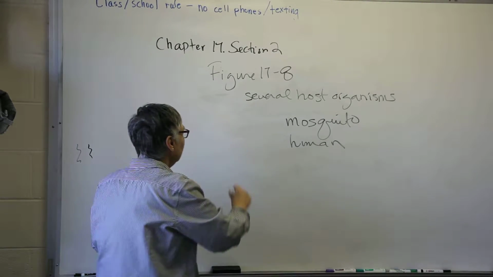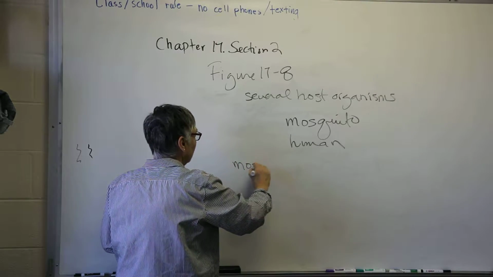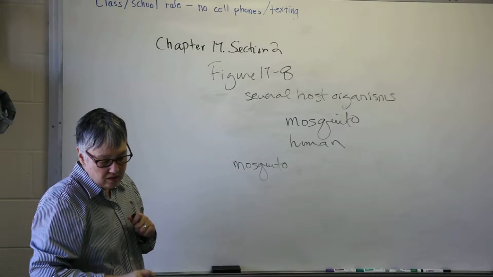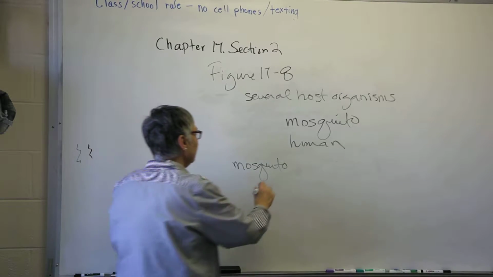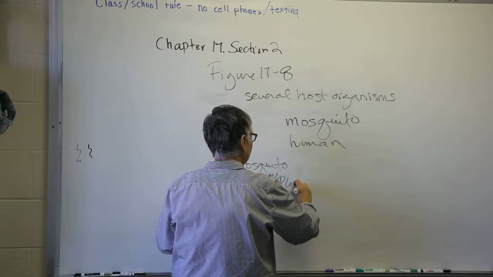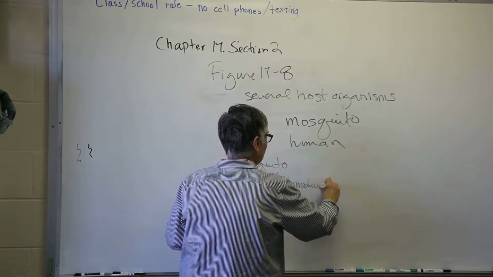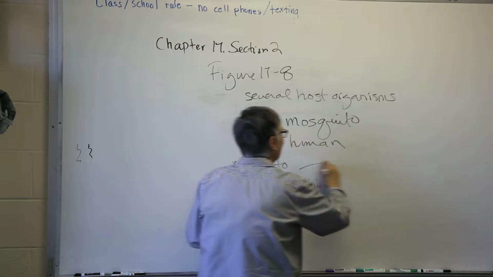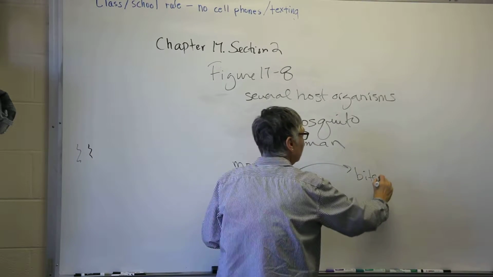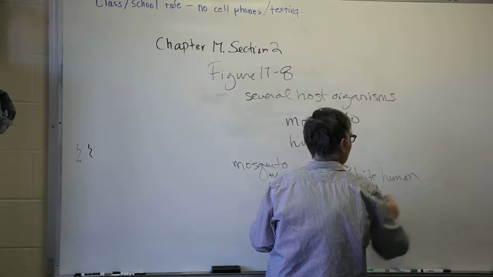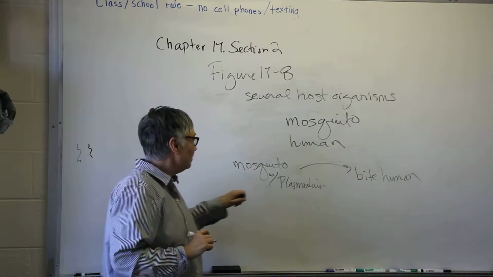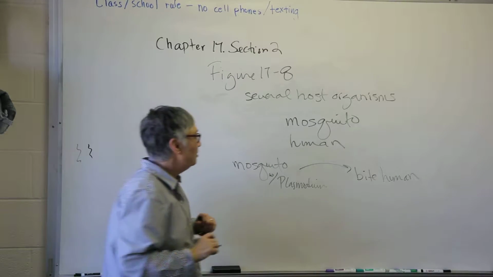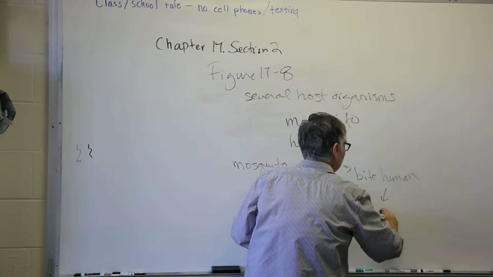So typically a mosquito that carries Plasmodium, usually in its saliva, will bite a human, and the Plasmodium will enter the human organism and migrate to the liver.